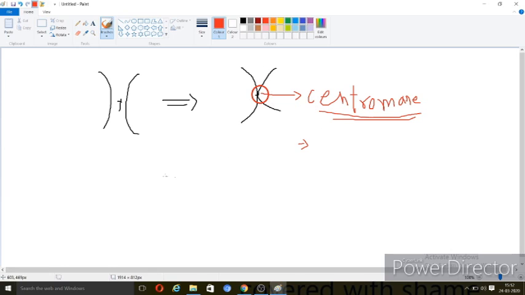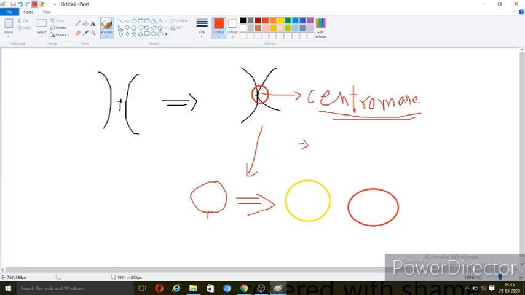Another thing is during cell division. Cell division means this is one cell, and this cell will get divided and form two cells. So cell division is nothing but the formation of cells from a single mother cell.